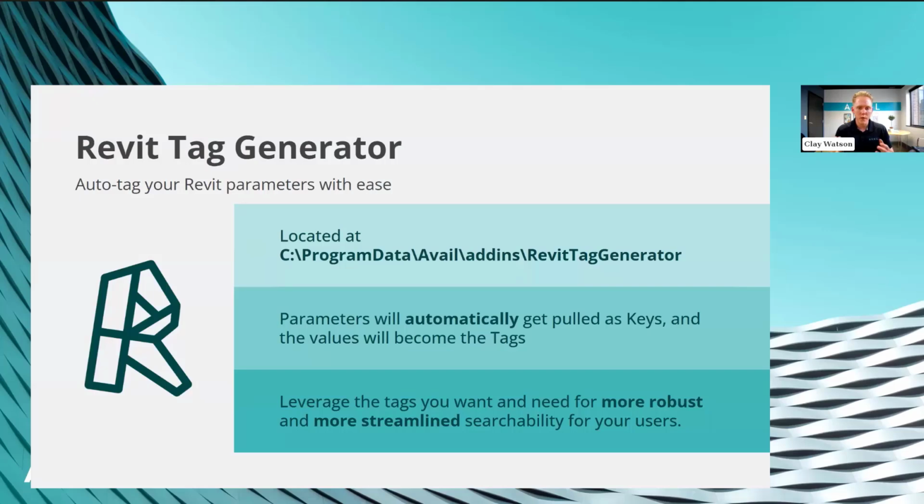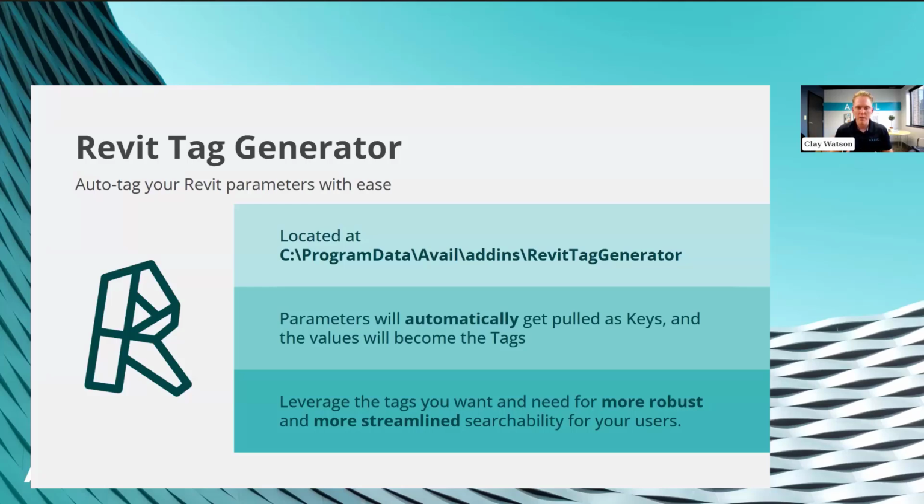And so this file will be accessible for anyone using Revit and using AVAIL. You can go in, you can edit this specifically so that it can automatically create those key and tag value pairs to save you some time, get that core tag structure solidified, and then you can expand from there.